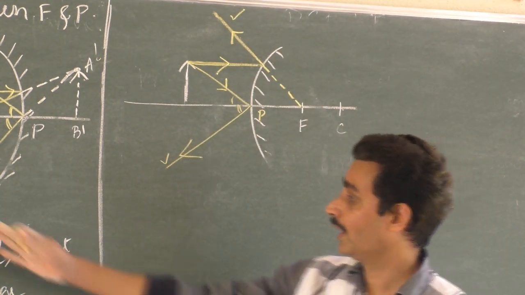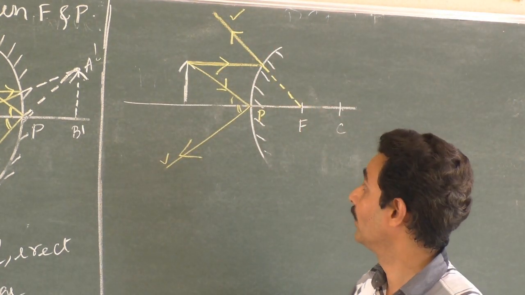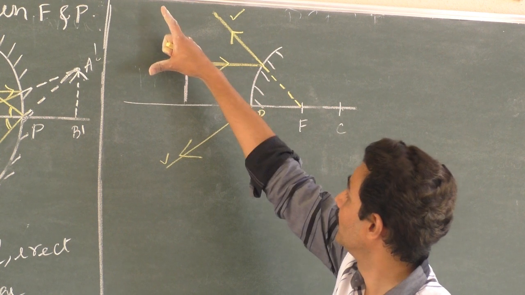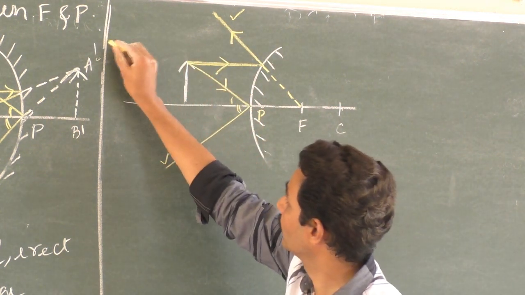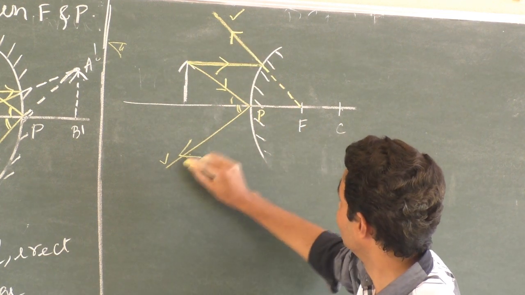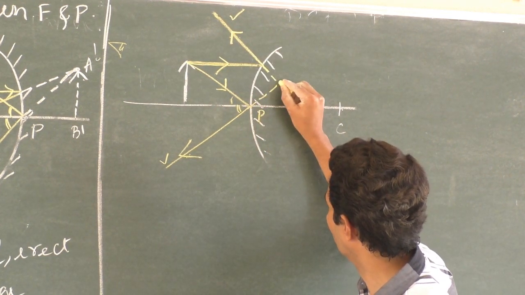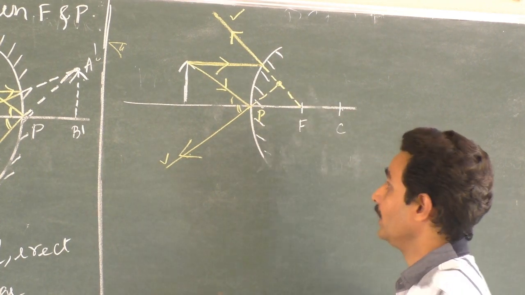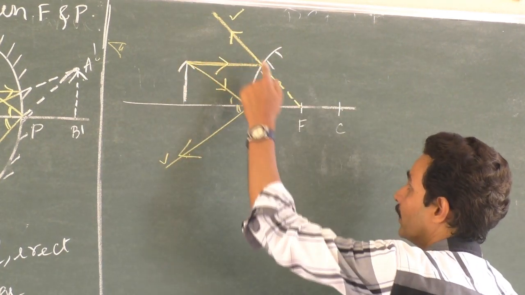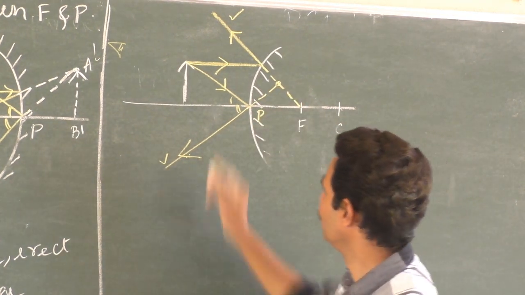No sir, as we had here, they are diverging in such a way that they will never meet. But for a person observing from here, if he receives these two rays, he feels that this ray and this ray are just projecting out from this point. So he feels that this ray is coming from this point source, this ray is coming from this point source.